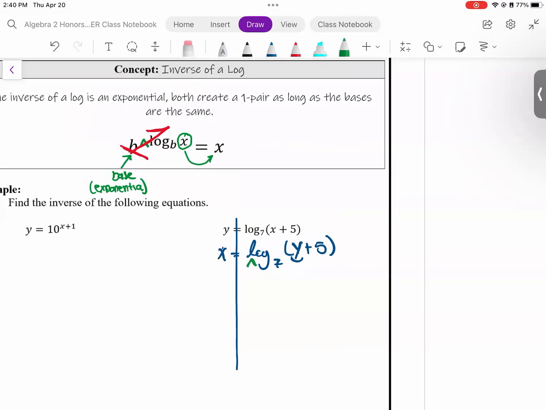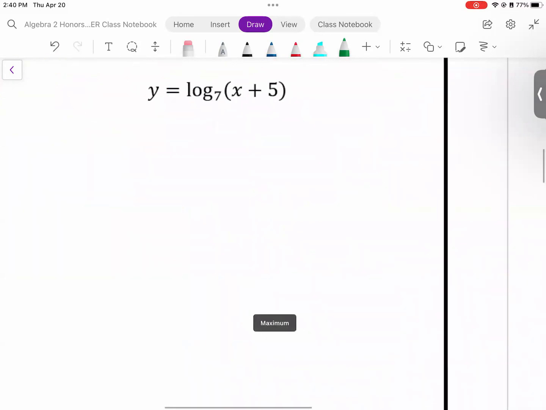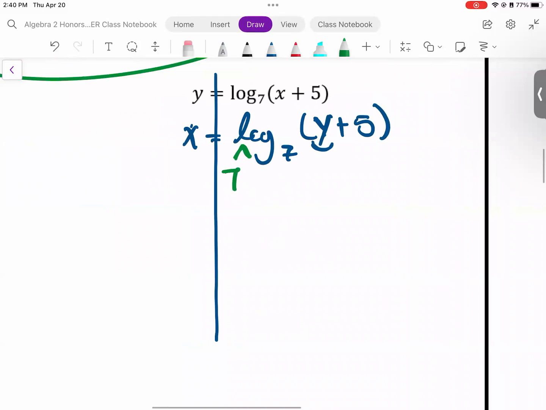Basically, I'm using that rule. So I'm going to raise this to the power of 7. Okay, so 7 to the power of log base 7, what that's going to do is create a 1.